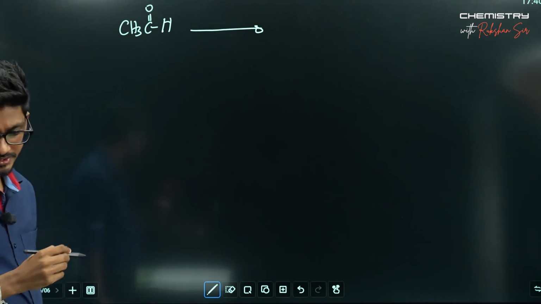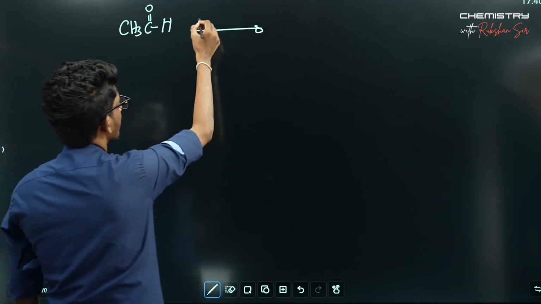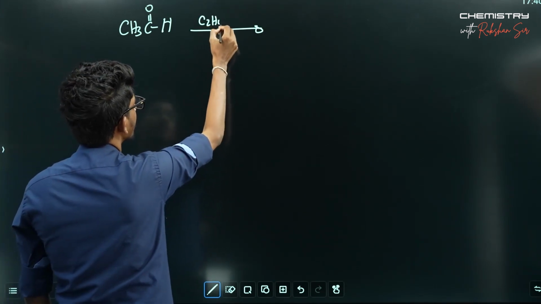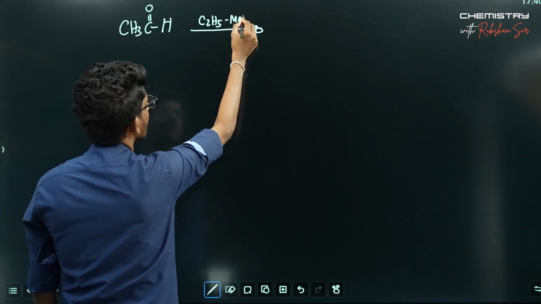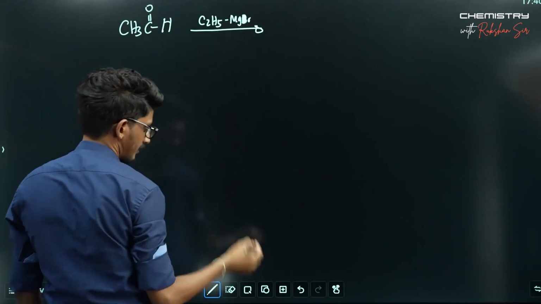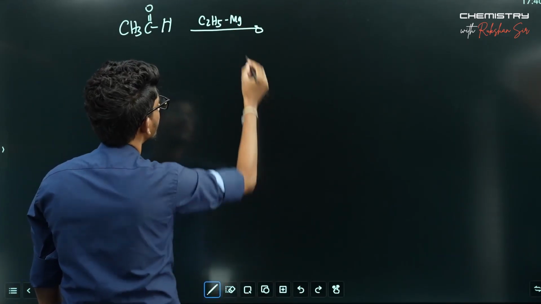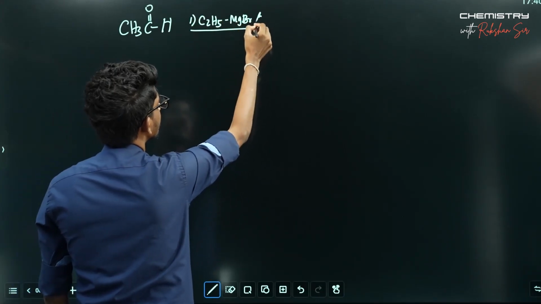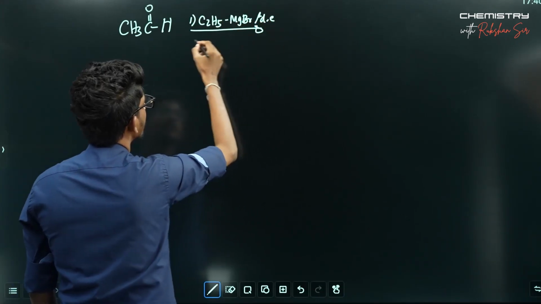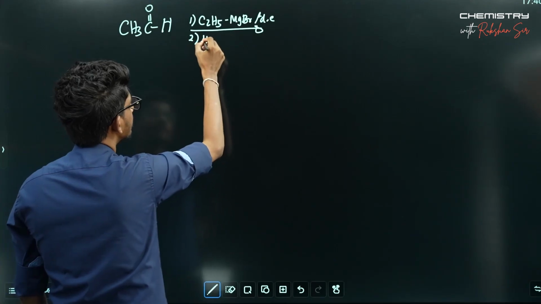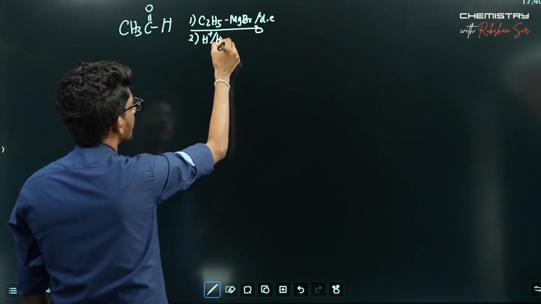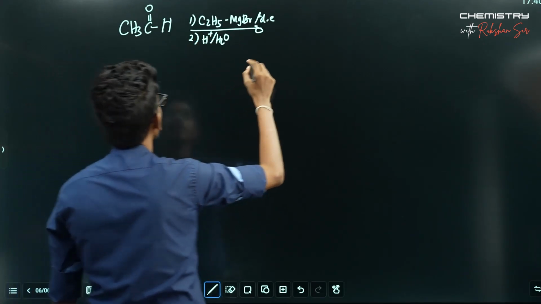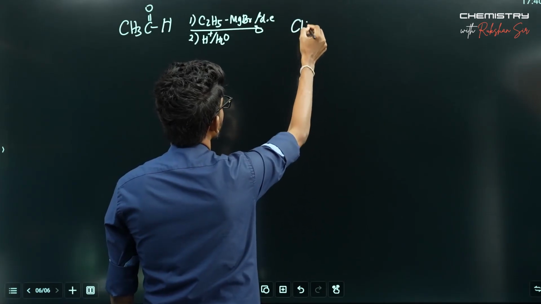So what is the reagent added? C2H5MgBr is added, with dry ether. Then the acidic workup is also done. So now we know what the product is.